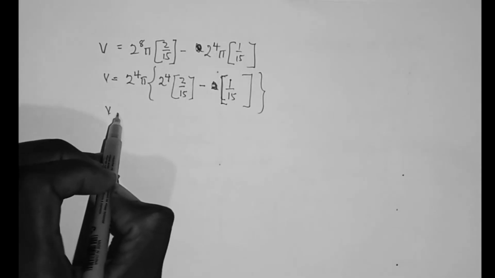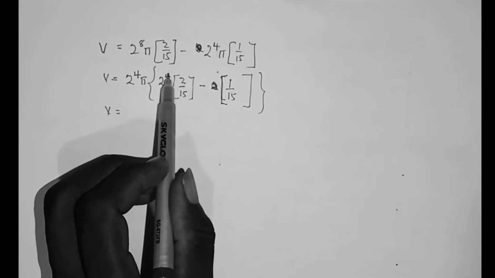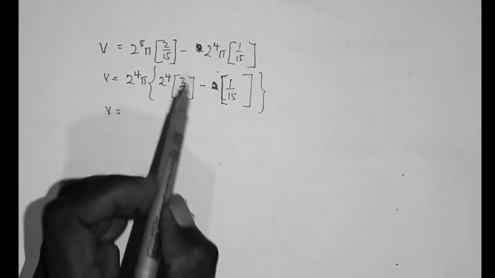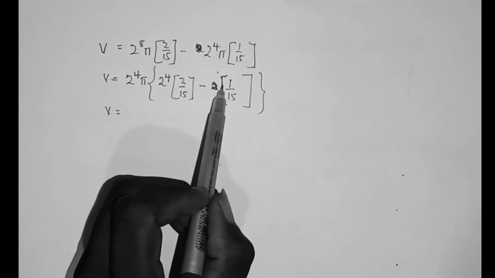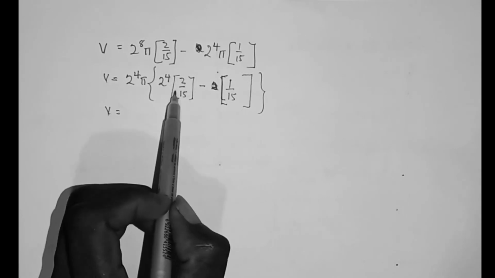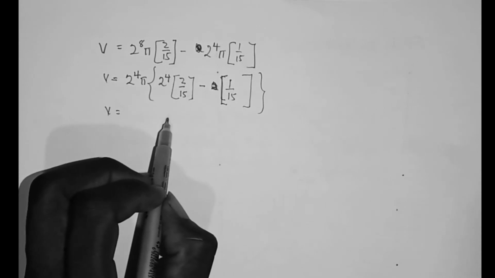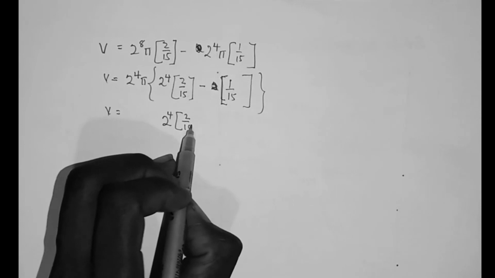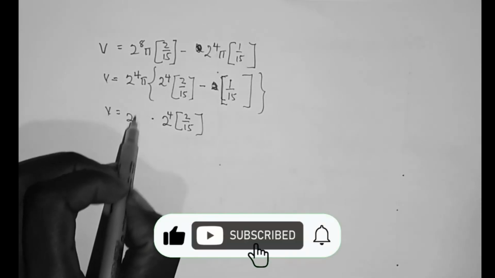So the volume generated is 2 exponent 4 times 2 over 15 minus 1 over 15. This term is far greater than 1 over 15, such that even if we subtract 1 over 15, it is not going to cause any significant change here. And therefore, this is approximately 2 exponent 4 times 2 over 15, then all of that times 2 exponent 4 pi.